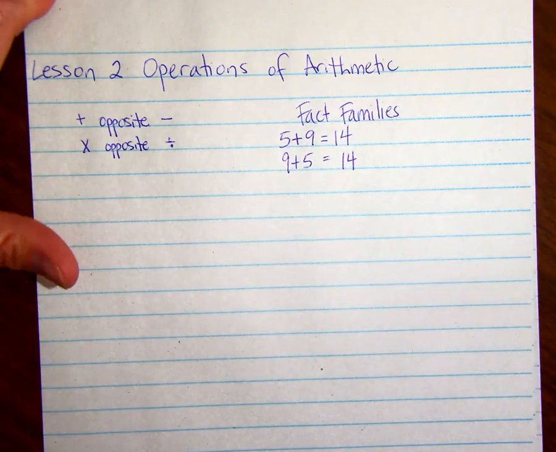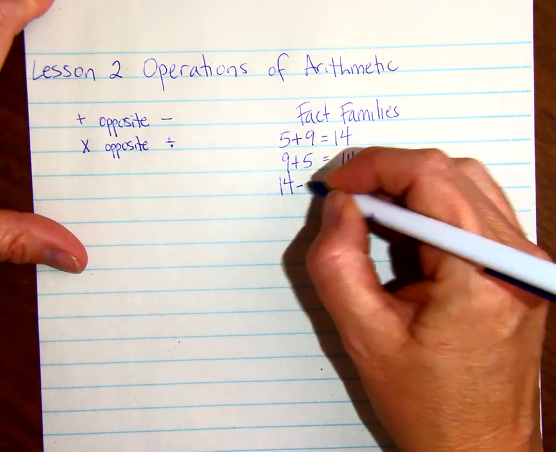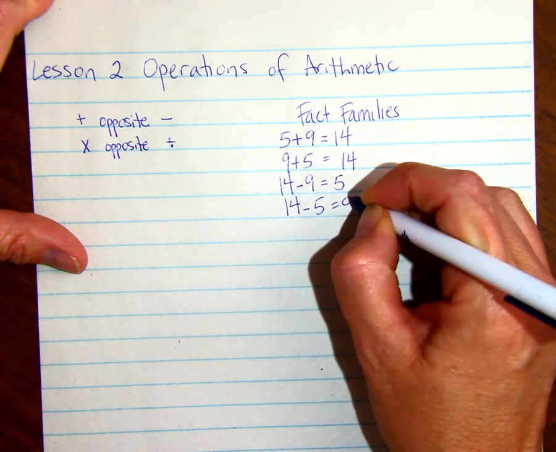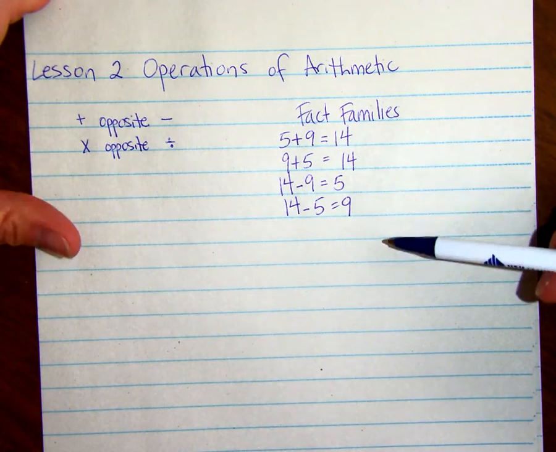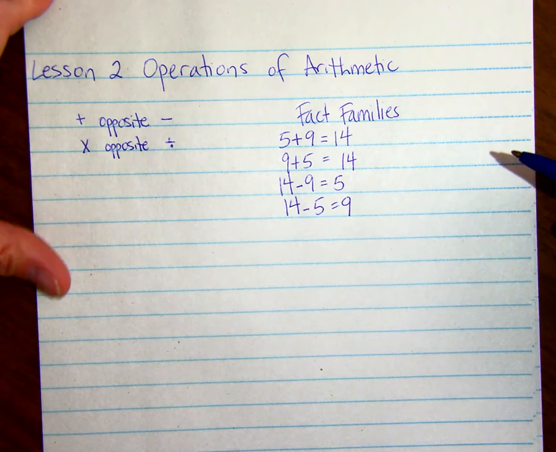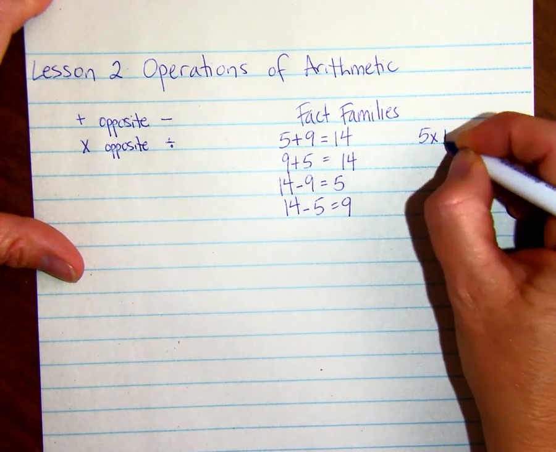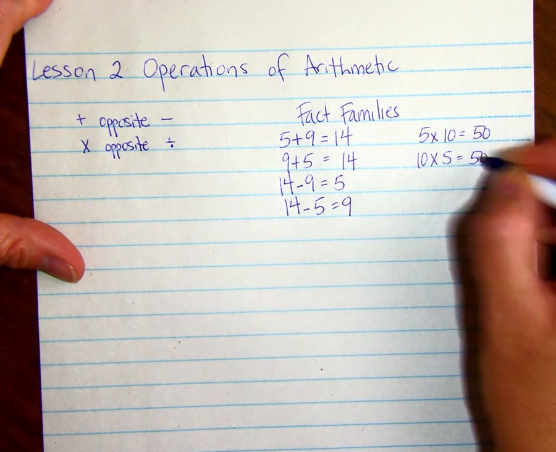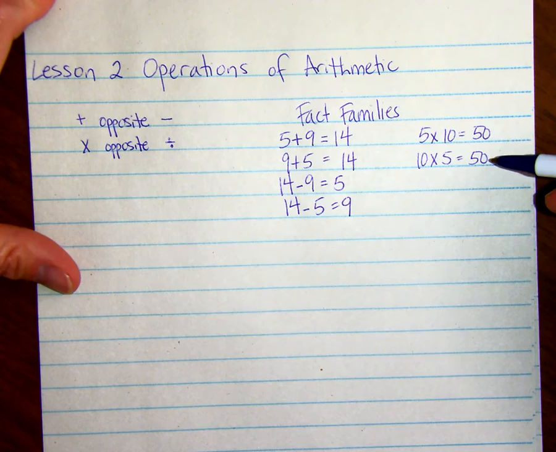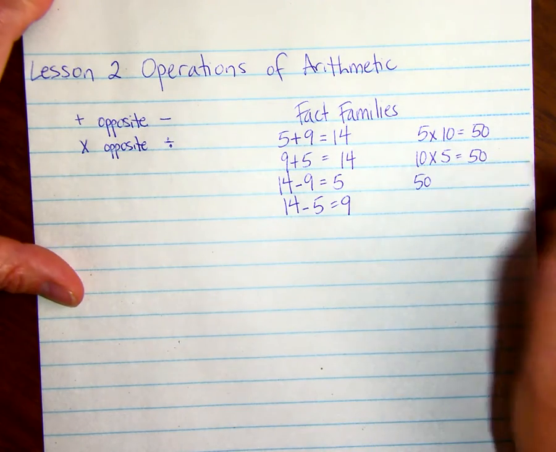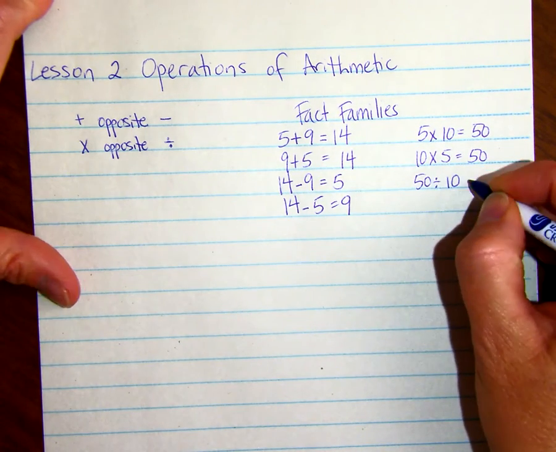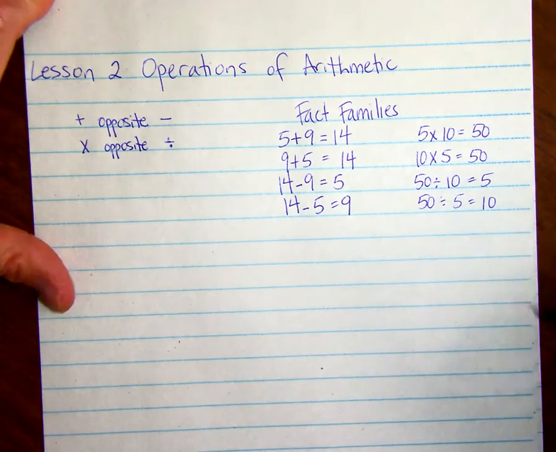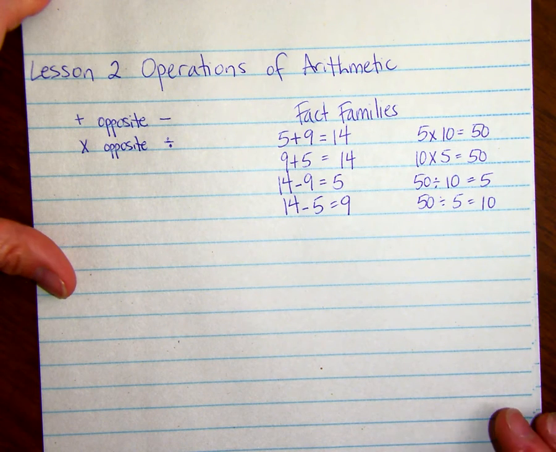And then if you put the 14 as the minuend, you can do 14 minus 9 equals 5, and 14 minus 5 equals 9. So we were able to show that adding and subtracting are opposites. With multiplying, we could do 5 times 10 equals 50, or 10 times 5 equals 50, or we could take the product and do 50 divided by one of the factors, 10 equals 5, or 50 divided by 5 equals 10. So these are called fact families.